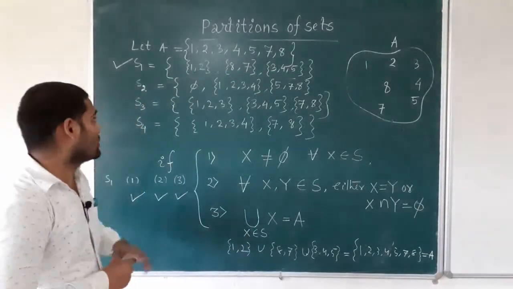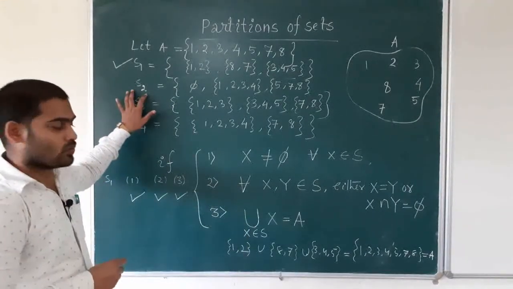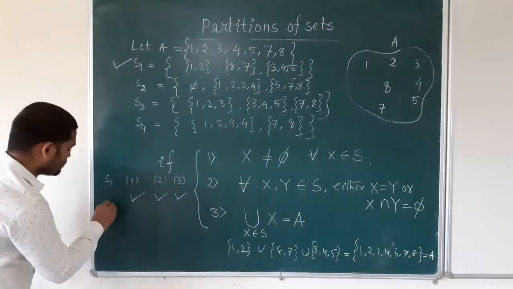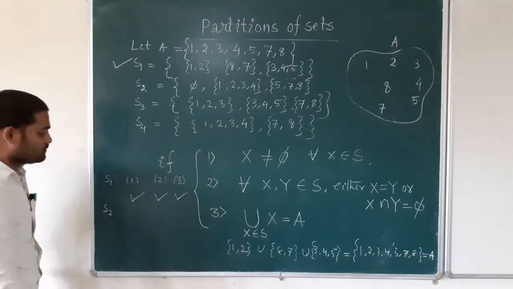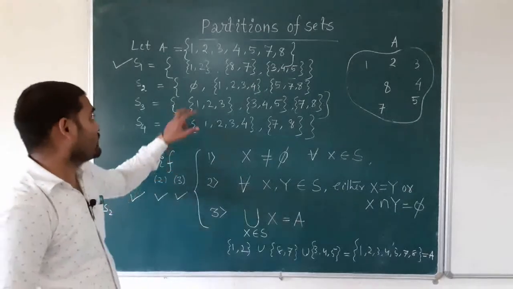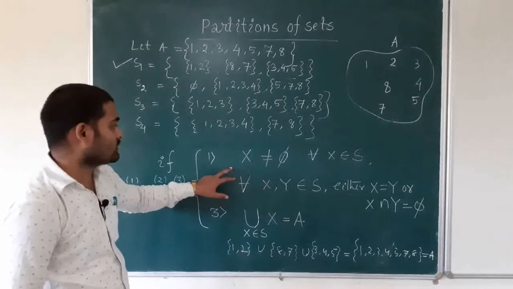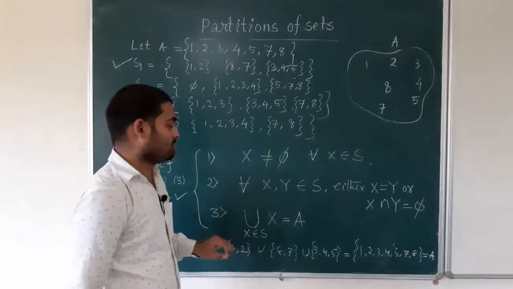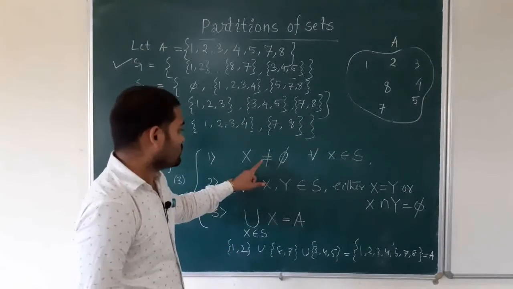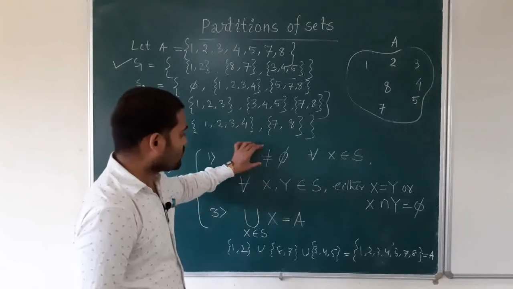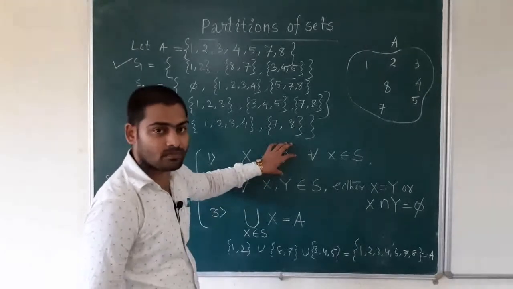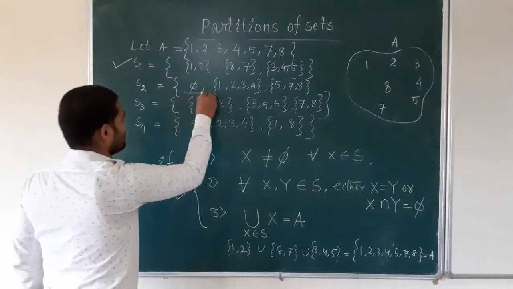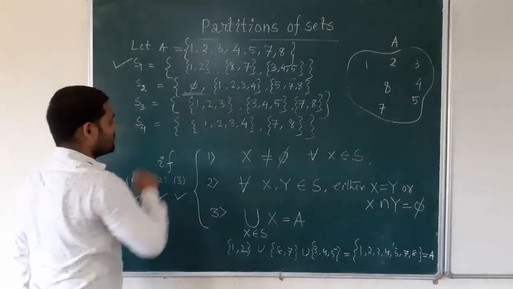Now we check the next one, S2. Here the first condition is that a subset of A should not be empty, but here an empty set is there.